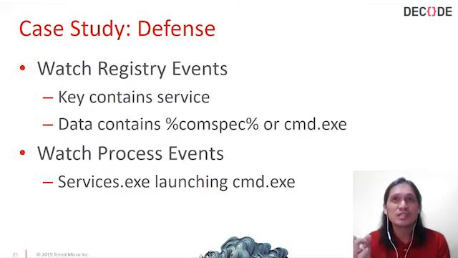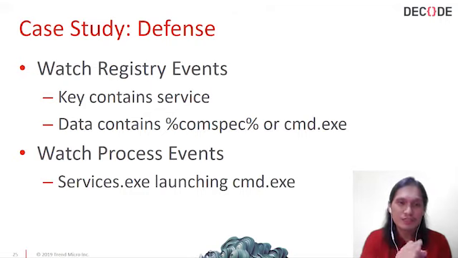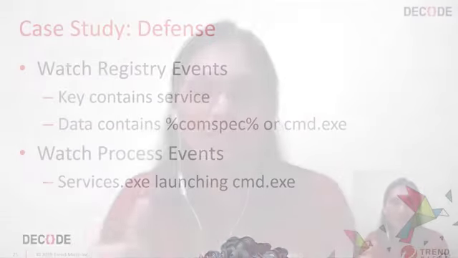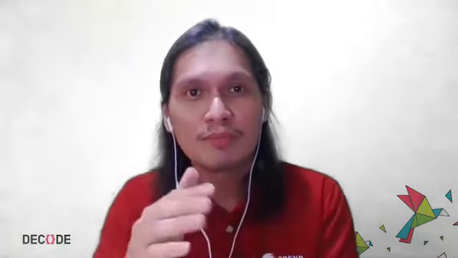So this is a trademark behavior of Smb Exec. In this case, it fit them, so we needed to watch out for those commands. And the second is we looked at process events where services.exe launches cmd.exe. So again, another indicator that they might be using Smb Exec.